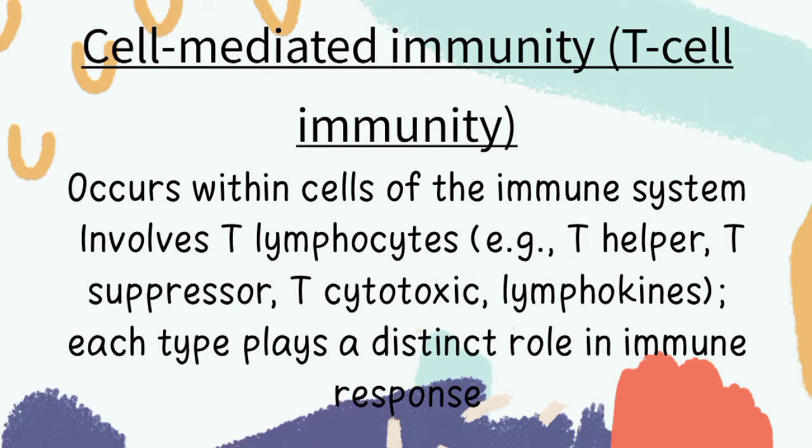So it occurs within the cells of the immune system and involves the T lymphocyte. Some good examples include the T helper cells, the T suppressors, the T cytotoxic cells, and the T lymphokines. Each type plays a specific role in the immune response of the body.